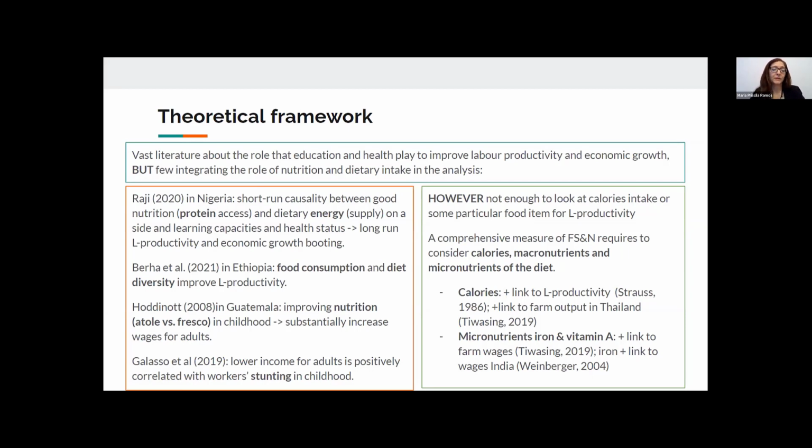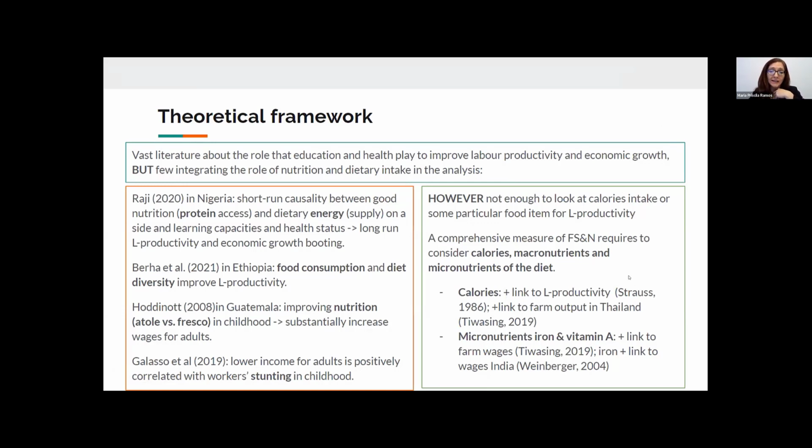So these papers focus practically on food access, food energy, and food quantity in particular, but not on the qualitative aspect in terms of macro and micronutrients. So I think we need to move forward and introduce this analysis.